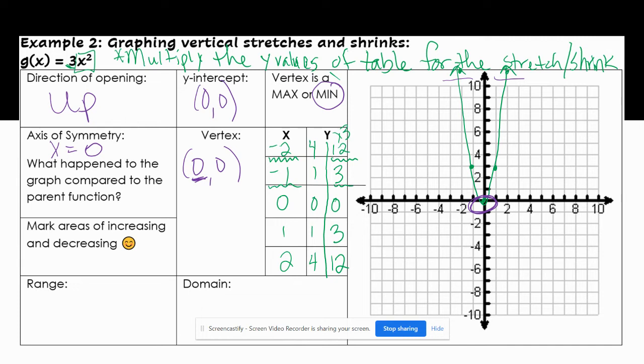What happened to the graph then compared to the parent function? Well, the graph stretched closer to the y-axis. So this is called a vertical stretch. And that is because a is greater than 1.